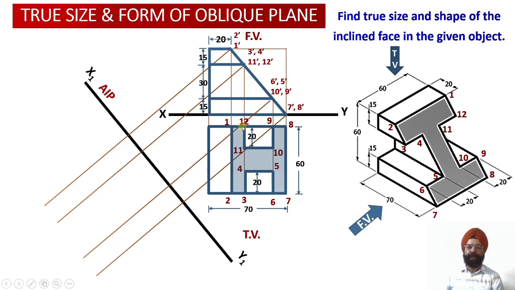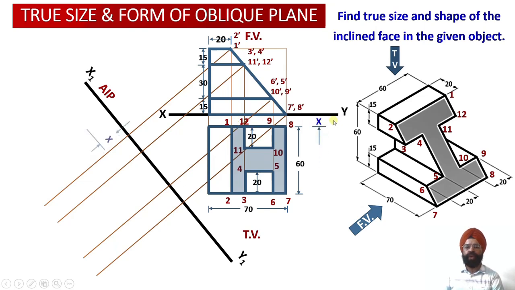In order to obtain the true shape of the shaded portion, the first thing is that we have this top view drawn at a random or arbitrary distance from the vertical plane. This distance we did not mention while we were drawing the top view of the solid.